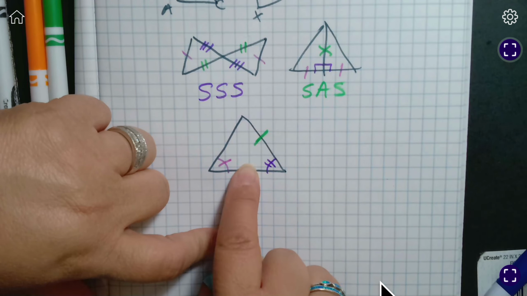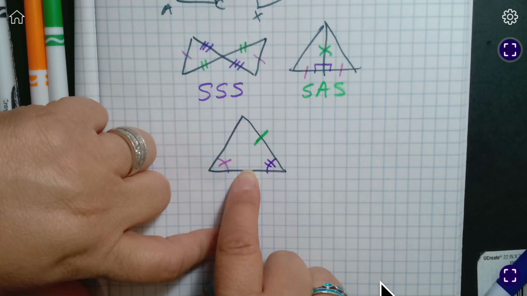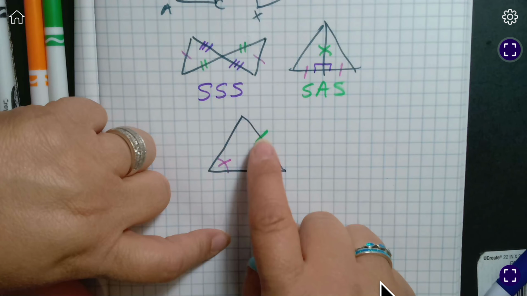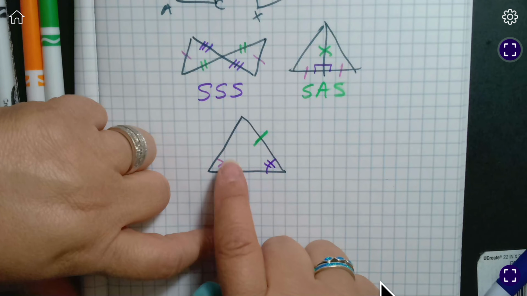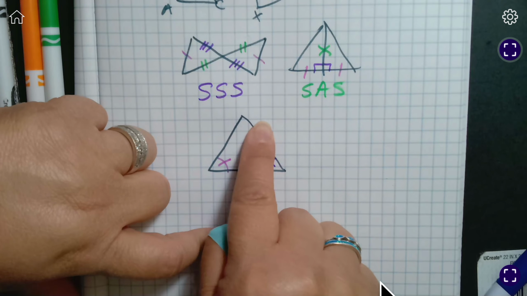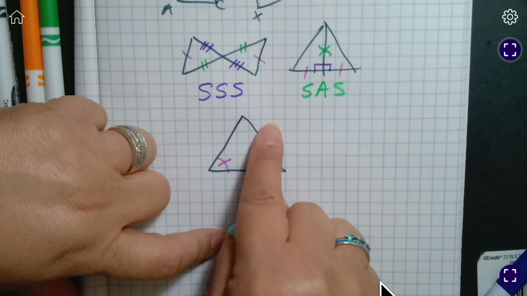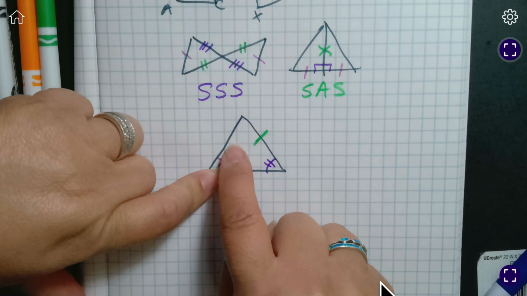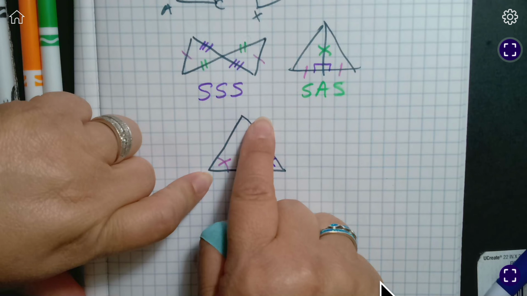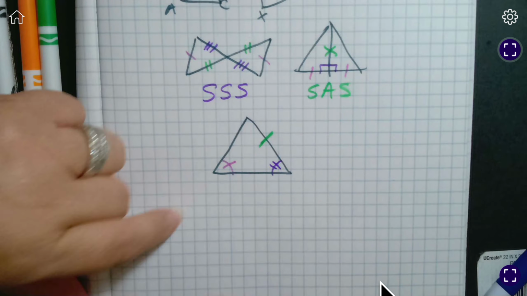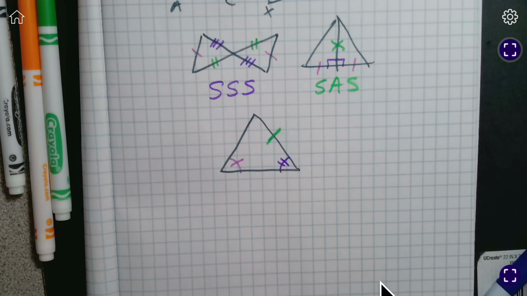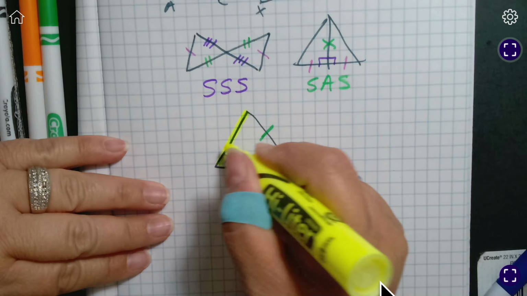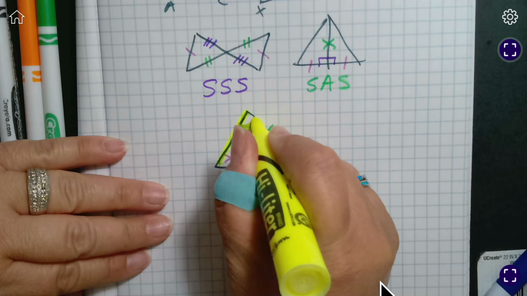It feels like we're skipping a side because we're like, well, if I can skip this side, why can I skip this side and call this side angle side? Why can't I go this way? Because you can skip one but not both. Okay? So if you go in this direction, you would be skipping this and this.